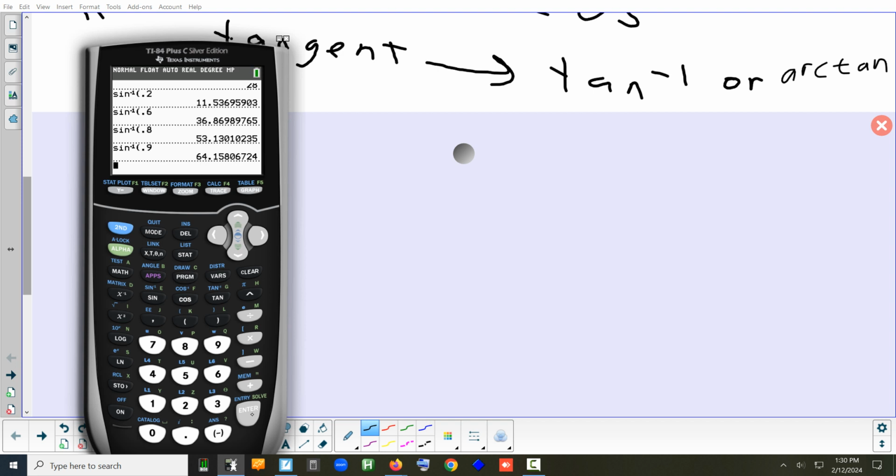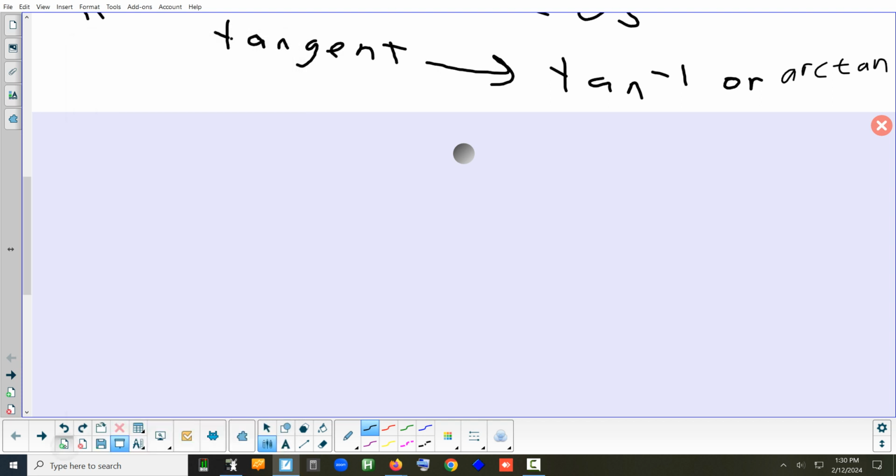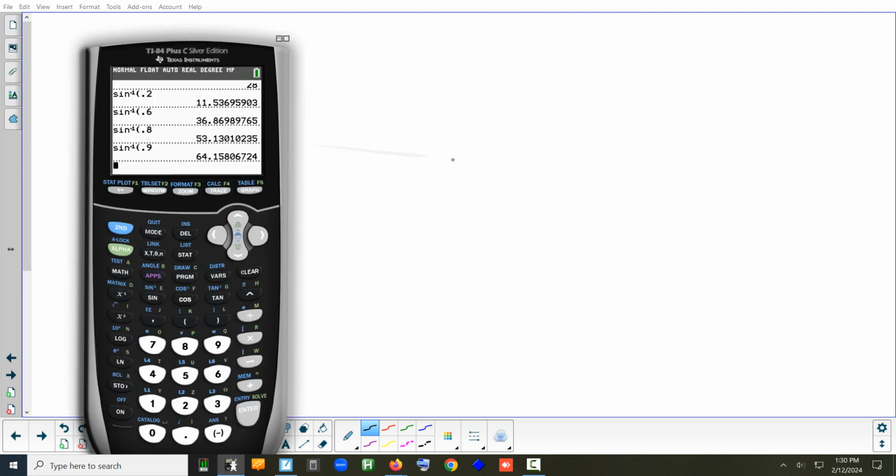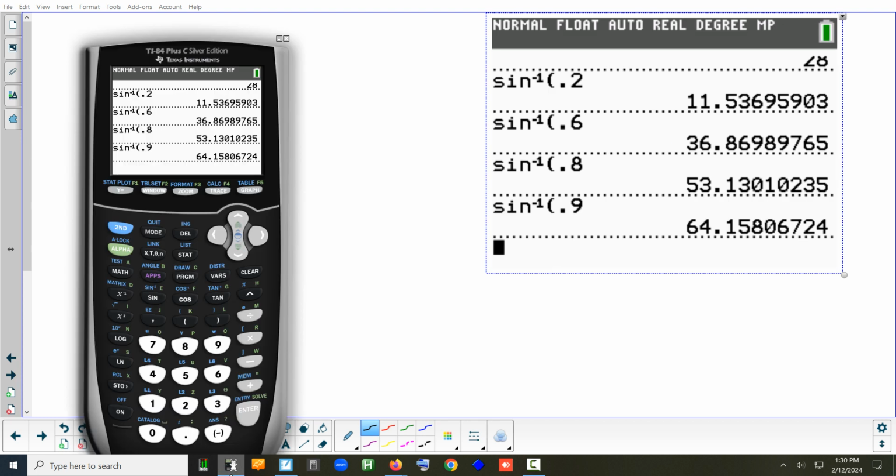I just want you to see if you notice a pattern. I'm just trying to sample a bunch of values. Let's do inverse sine of 0.95. Inverse sine of 0.999. Let's even go really close.